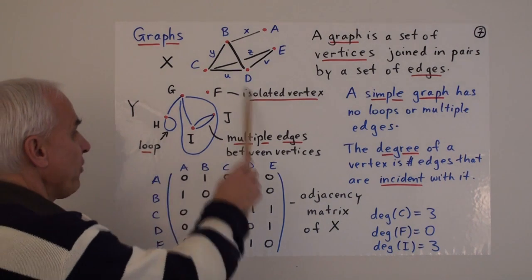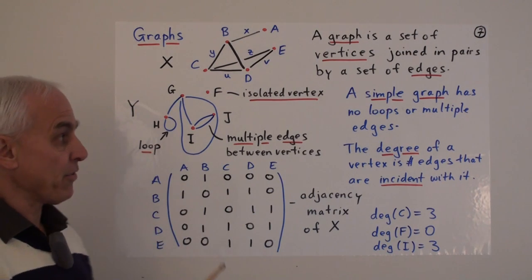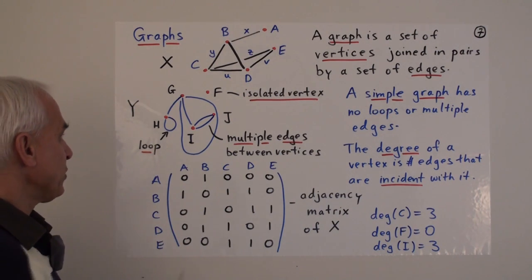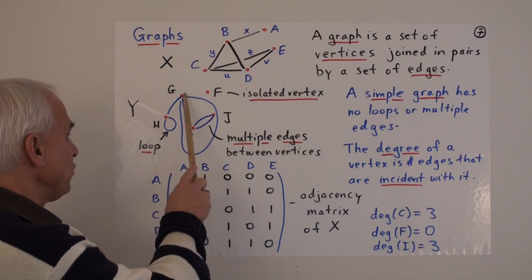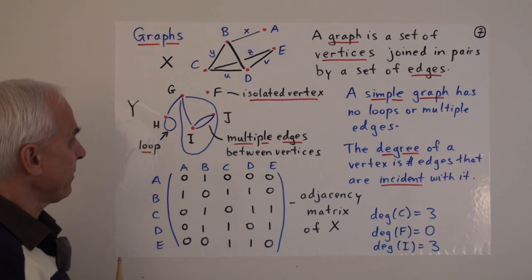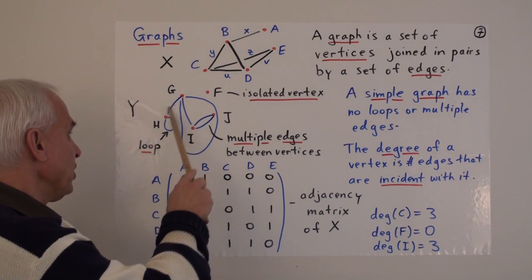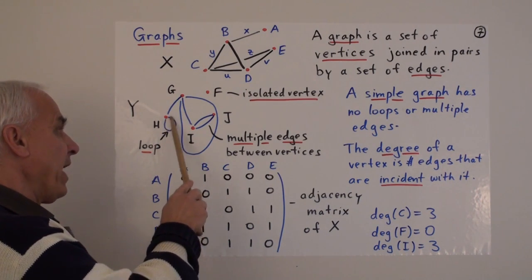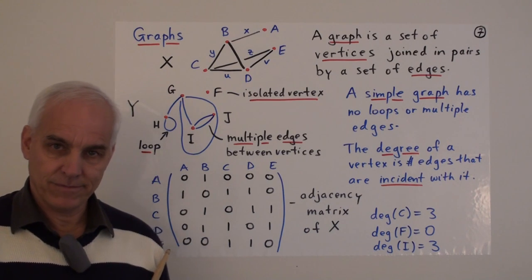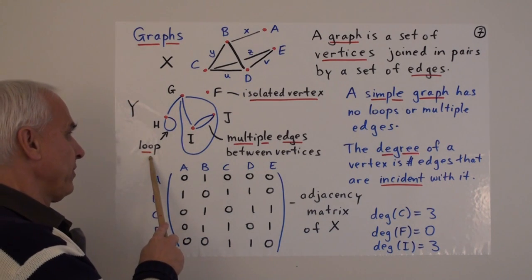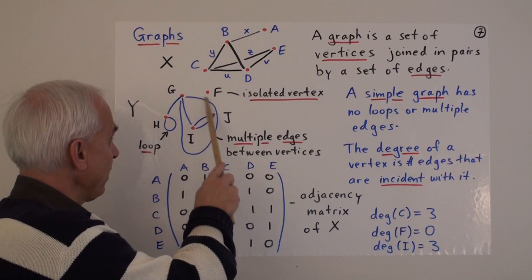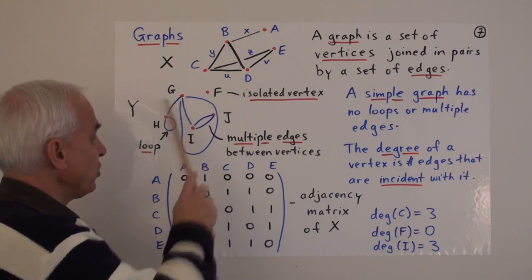Okay, here's another example of a graph illustrating some other things that can happen. So here's a graph with vertices F, G, H, I, and J, and some edges which I haven't labeled, but here's an edge from G to H. Here's an edge from H to itself. That's called a loop. Here's an edge from G to itself.